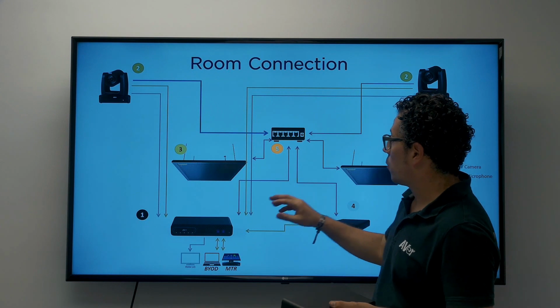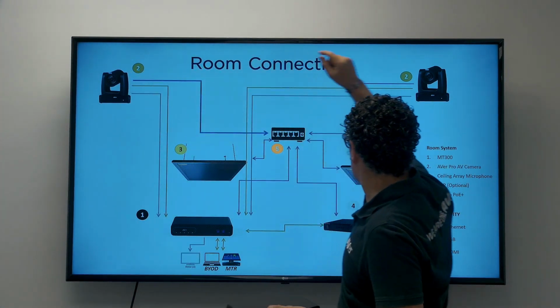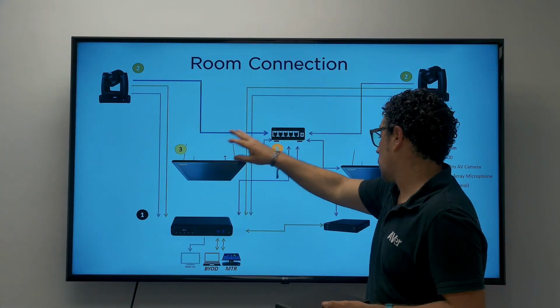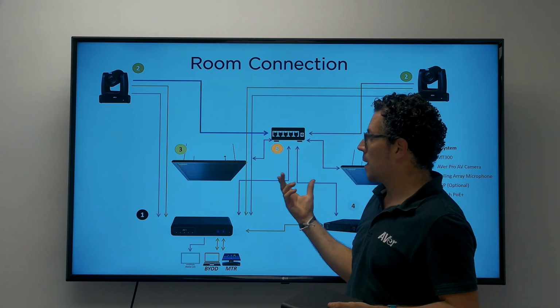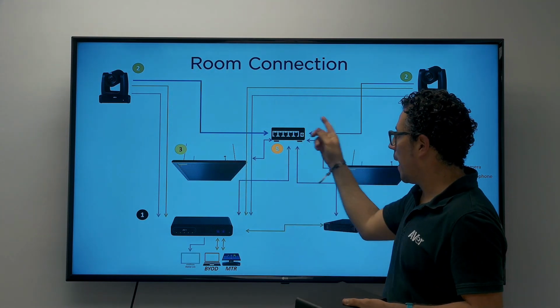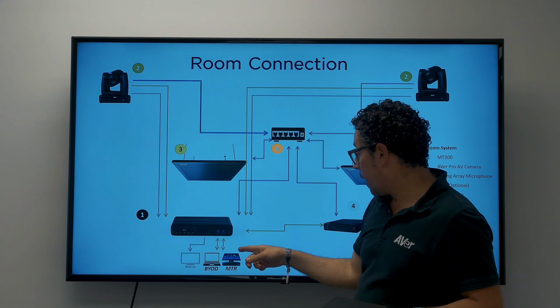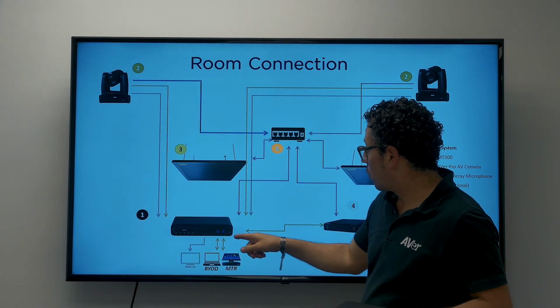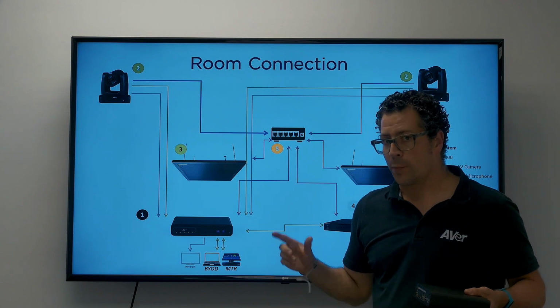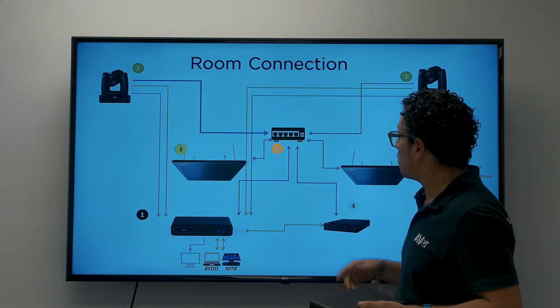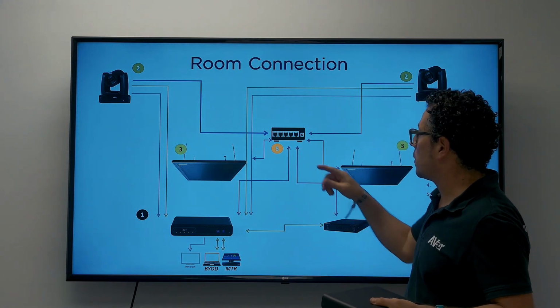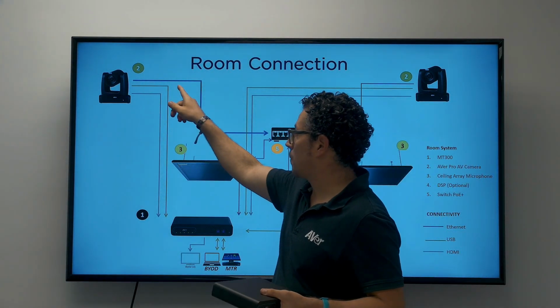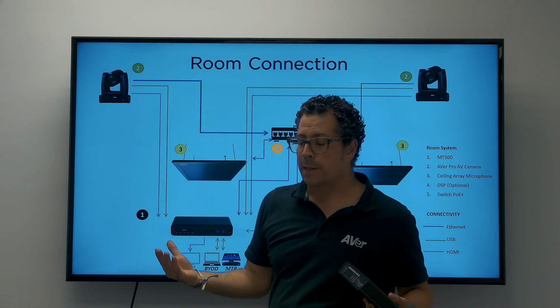Then you have control and image from the cameras and the control of the microphones to read the status of the microphones via IP. In the output, we can connect via HDMI to a monitor, or we can connect via USB to the room computer. We will talk about this. If you don't want to connect via IP, you can connect the cameras via HDMI or via USB.